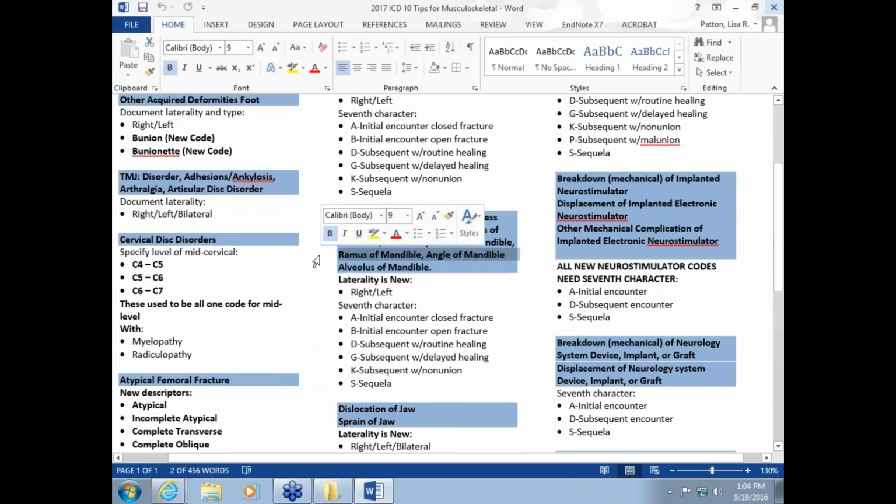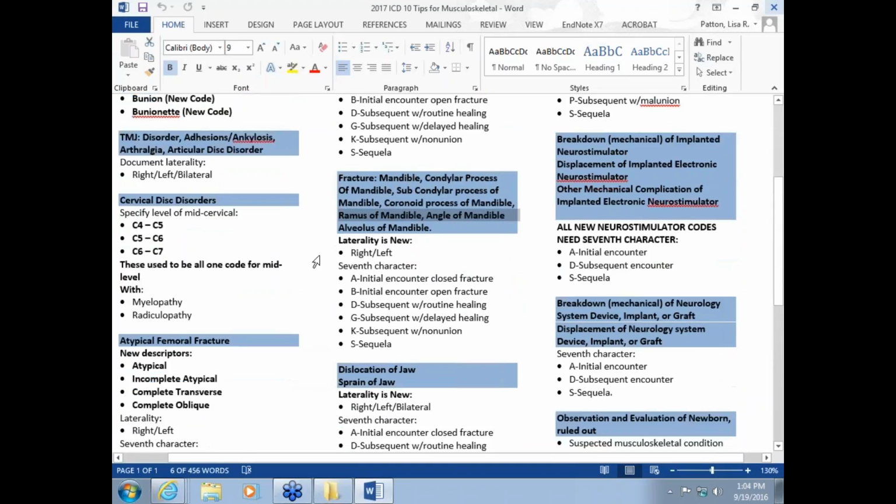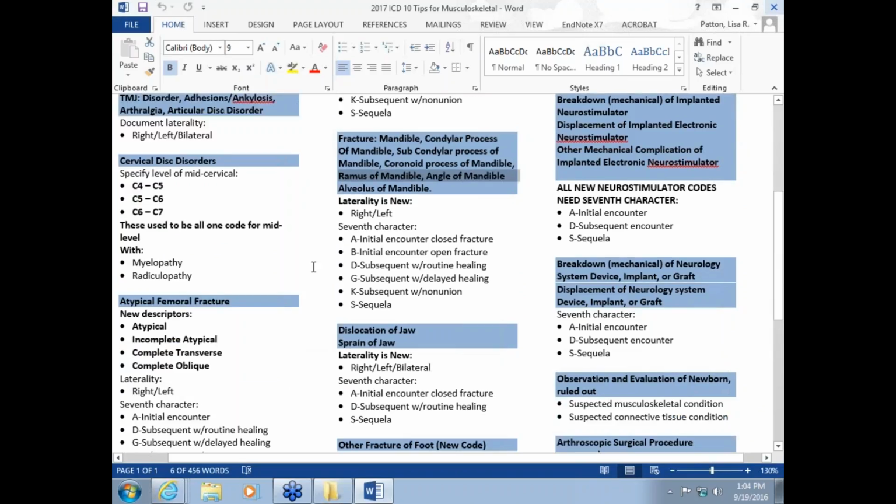There is documentation on here like with myelopathy, but that's from last year also, but I included it just so they know that we still have to document that. The femoral fractures have new descriptors. We have atypical incomplete, atypical complete, transverse, and complete oblique. Of course, we still do right, left, and your 7th digit characters.